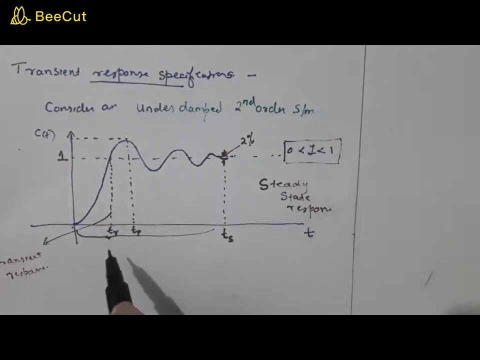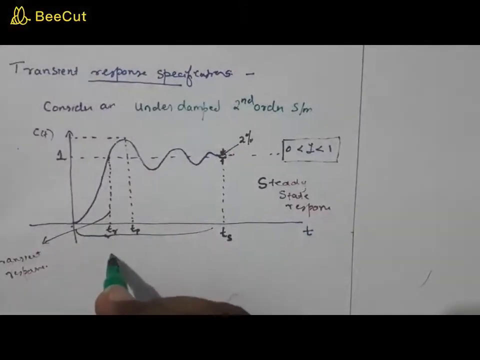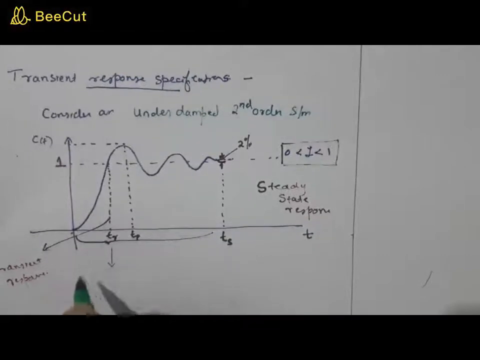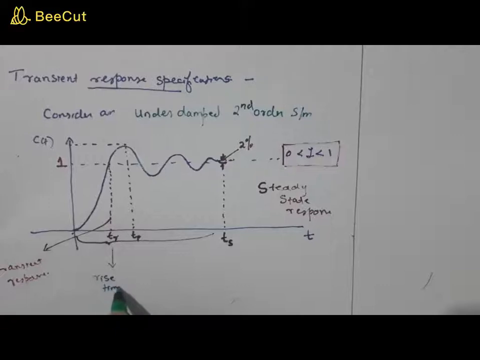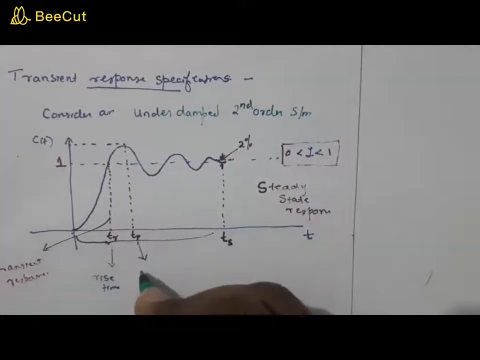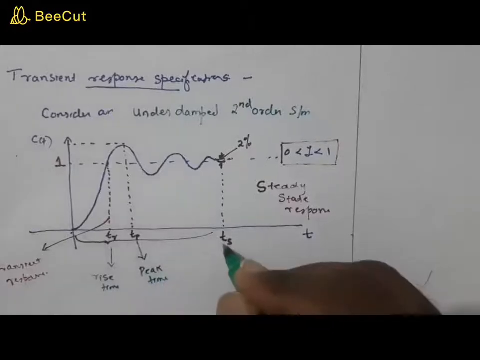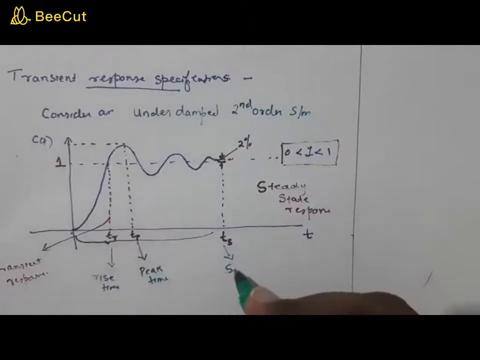Now this TR is what is called the rise time. TP is called the peak time, while TS is called the settling time.